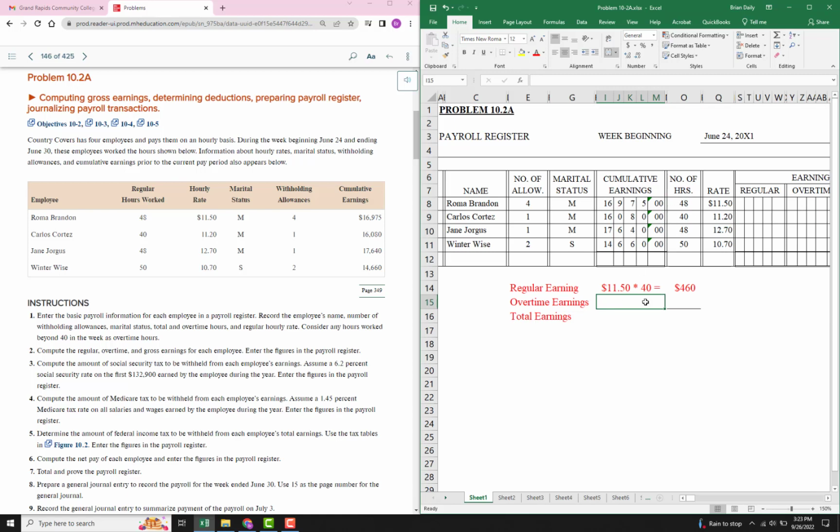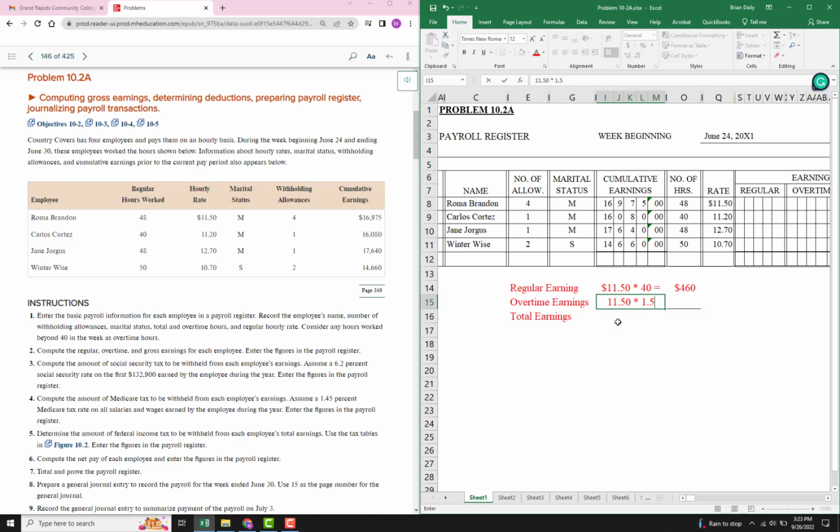But before we can figure out the overtime earnings, we need to also figure out the overtime rate. So to do that, we take the regular rate of $11.50 per hour, and we multiply that by 1.5. The reason we do that is called time and a half.